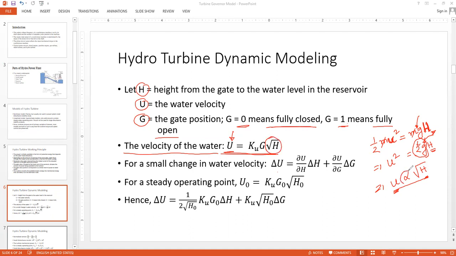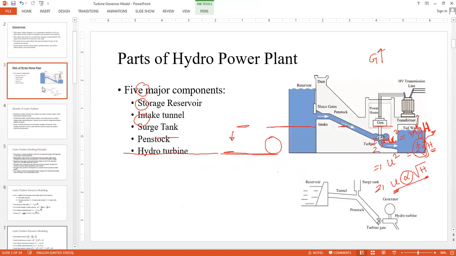Remember that we have a proportionality sign. The next is pretty simple and straightforward, U and G. That means if you are opening G more, what would happen? If you're opening this turbine gate valve more and more, what would happen to the water?